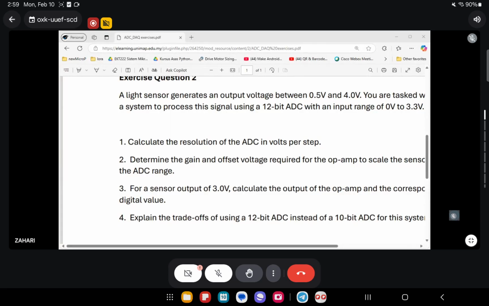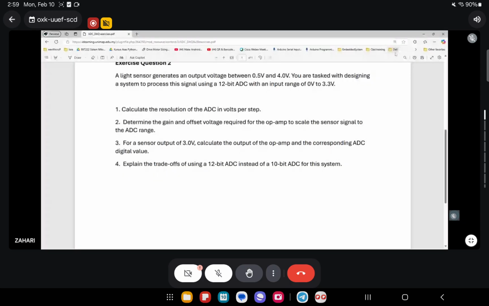When dealing with the inverting amplifier, there will be an offset voltage and also gain. So this is what you are asked here: determine the gain and offset voltage for the op-amp to scale the sensor signal to the ADC range, meaning that we want to make full use of the ADC range.